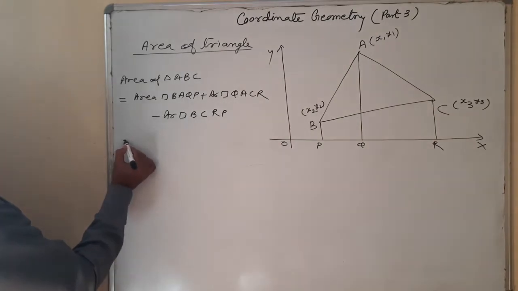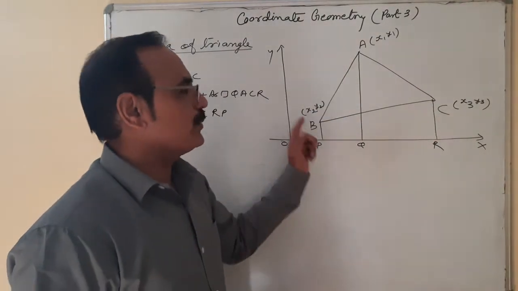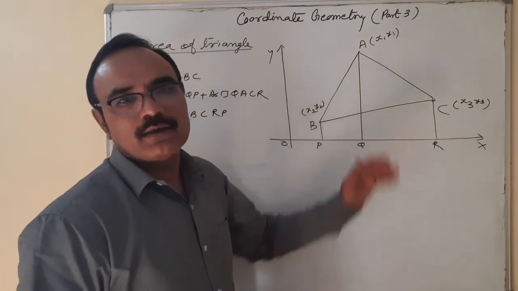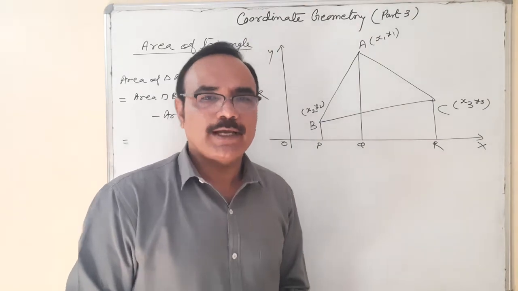Area of trapezium BAQP, because these two sides are parallel, is 1 upon 2, sum of two parallel sides into height.